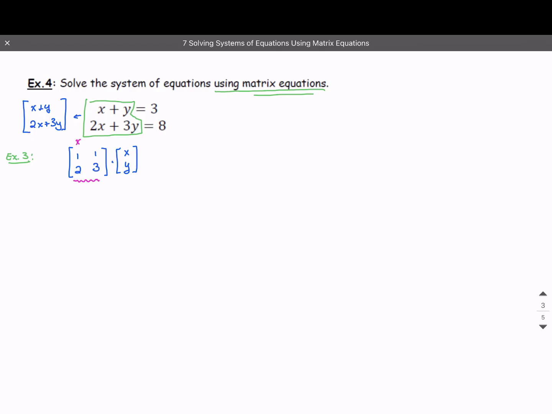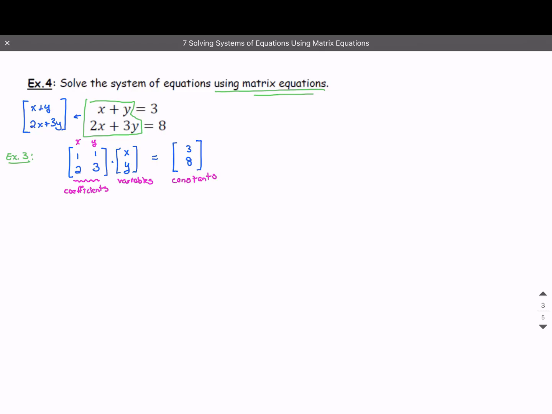These are the coefficients on the x's, these are the coefficients on the y's, and then we have our variables x and y. Okay, so we have the coefficients, and then we have the variables. Now that's only half our equation, equals, and then we need the constants, 3, 8.